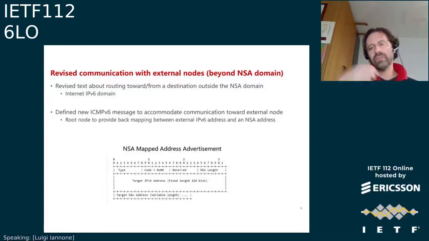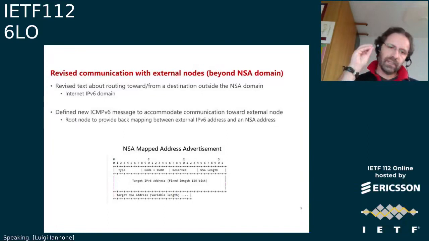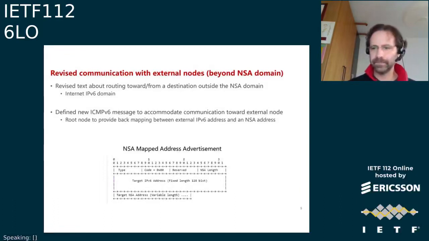So what we do is we send the first packet with a full IPv6 address. The root takes a decision and sends back a message, specifically an ICMPv6 message, in order to tell the node that for the next packets to be exchanged, you can use this short address.